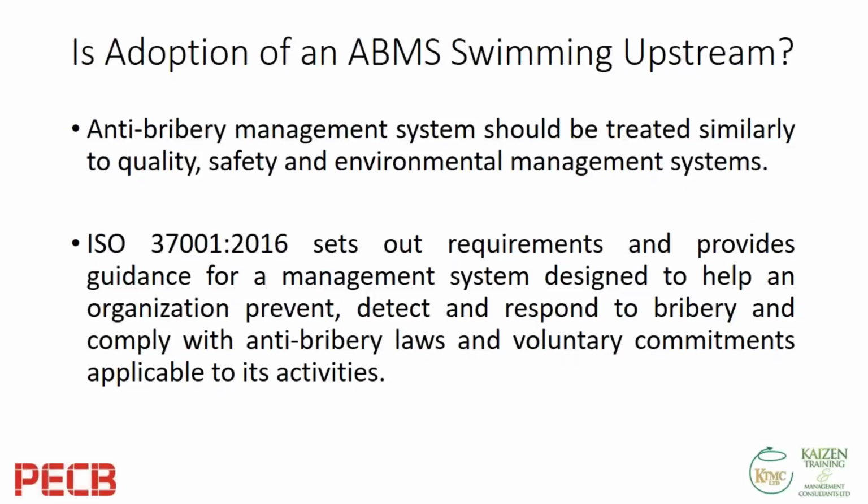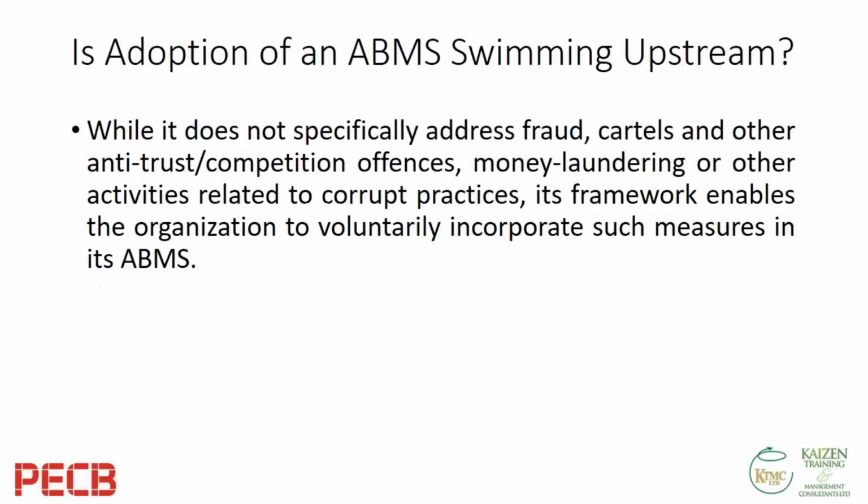And ISO 37001 sets out requirements and provides guidance for a management system designed to help an organization prevent, detect, and respond to bribery and comply with anti-bribery laws and voluntary commitments that are applicable to its activities.